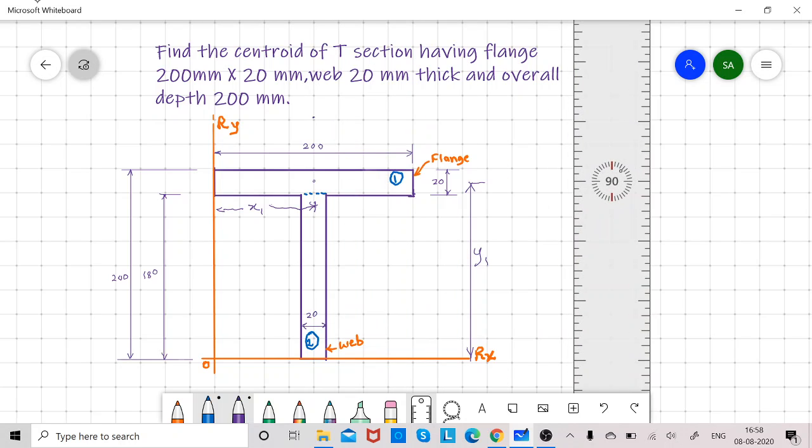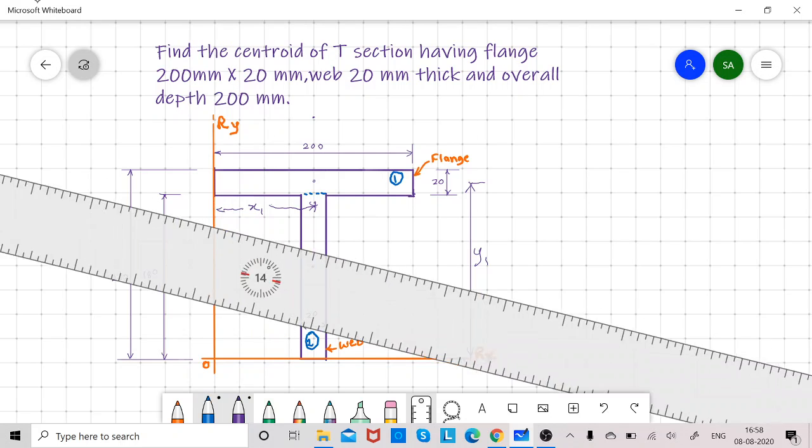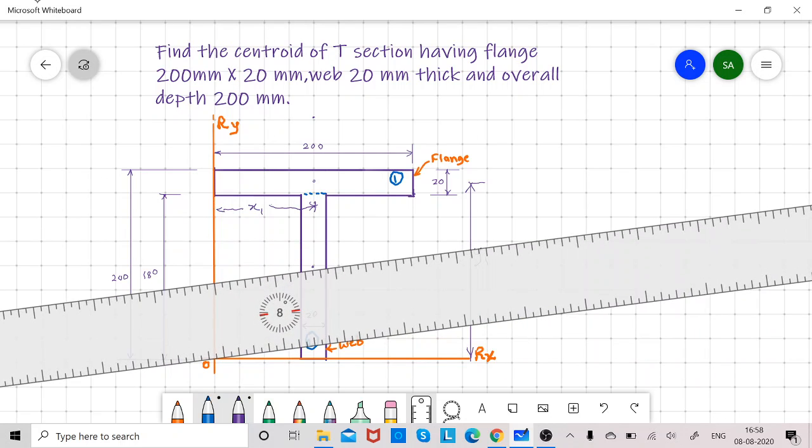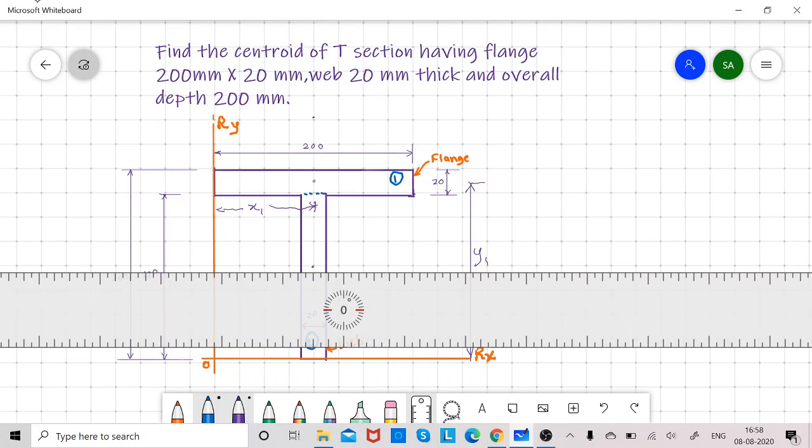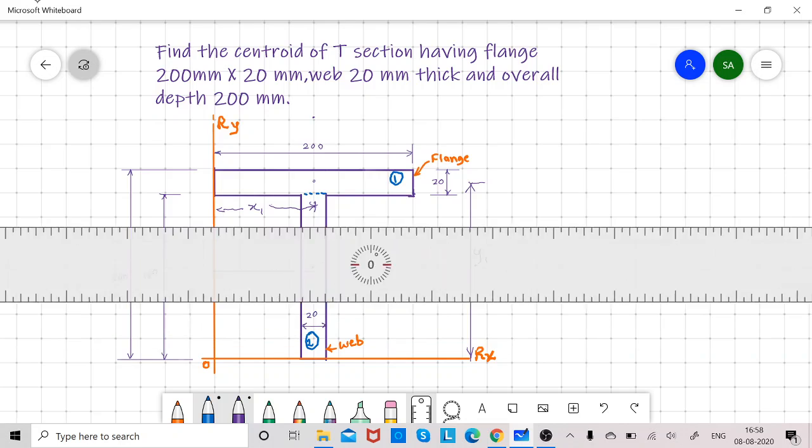Similarly, I will locate the centroid of this web rectangle and denote its distance from the vertical reference axis, that is ry, as x2.